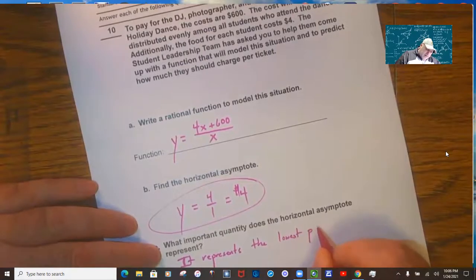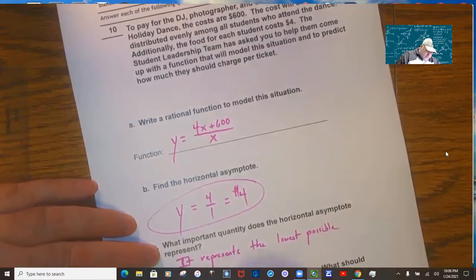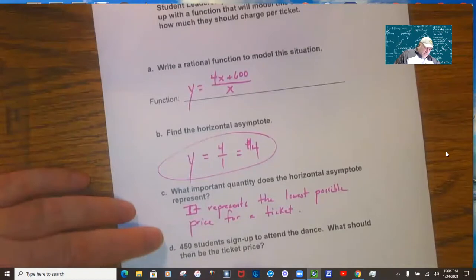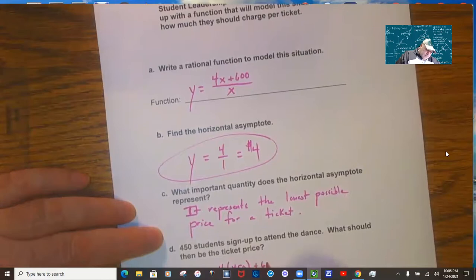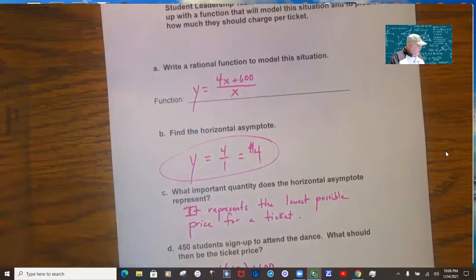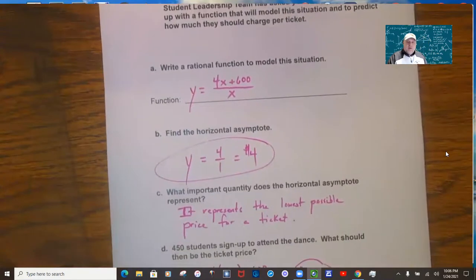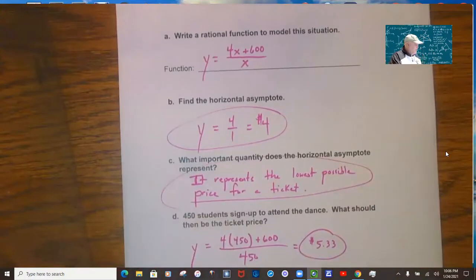It's like the lowest bound. We have 450 students, so 450 will go in. And then you come up with the Y value, and that is $5.33. So you can see it's getting closer to the $5 the more students attend.